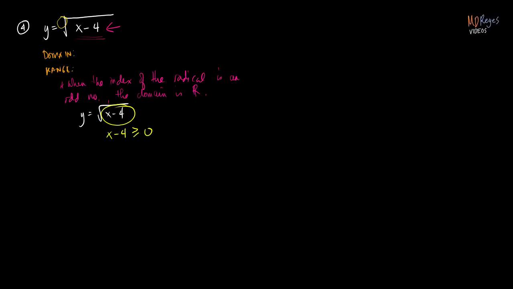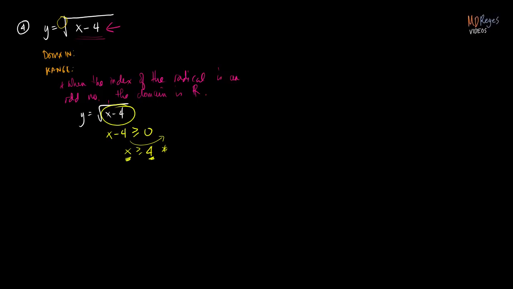Just transposing negative 4 to the right side of the inequality, you'll have x greater than or equal to 4. What does this mean? This means we want all the numbers equal to 4 or greater than 4. It can be 4.001, 4.01, 4.99, 5, 6, 7, and so on.